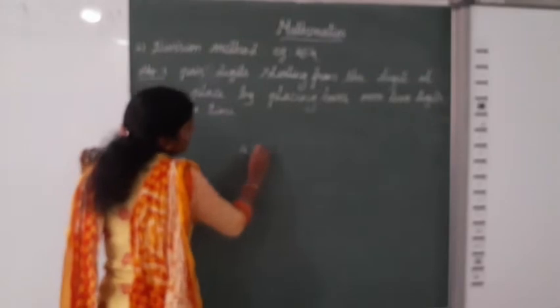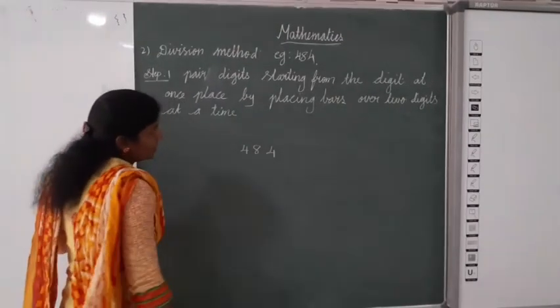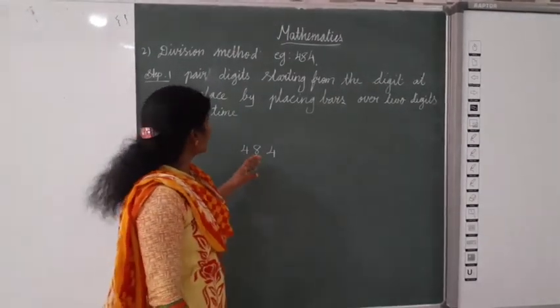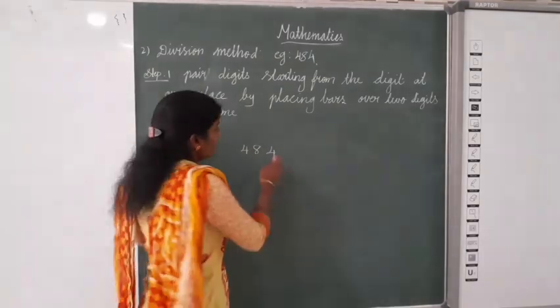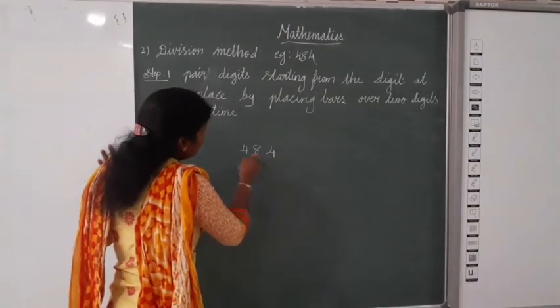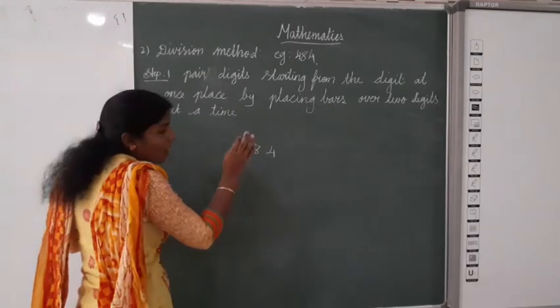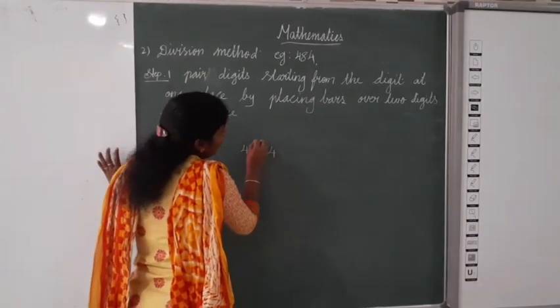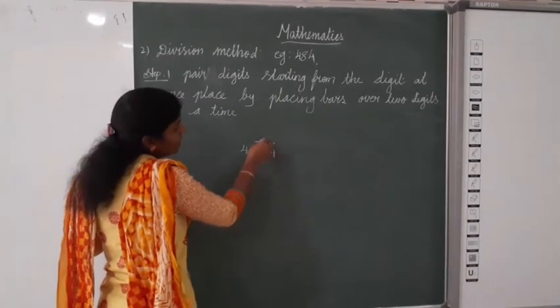Now listen here, 4, 8, 4. Starting from the digit at one's place, by placing the bar over 2 digits. This is one pair, two numbers together.